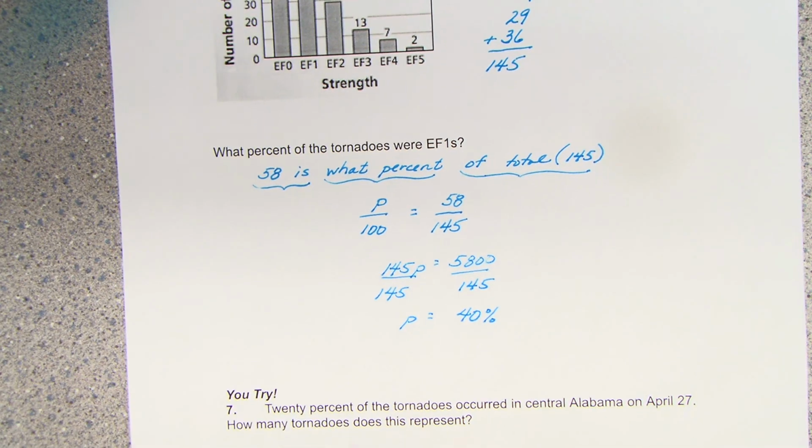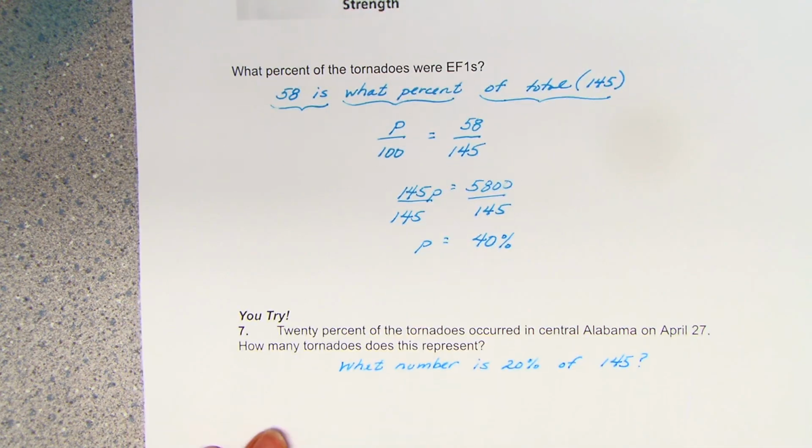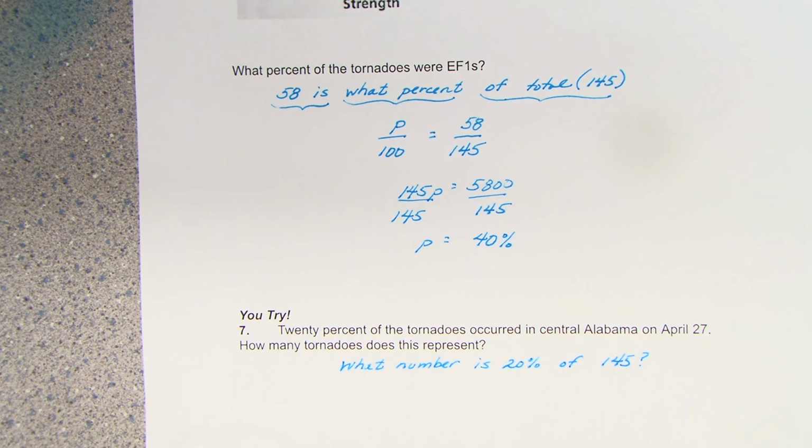So we want to know what number. So looking for a number of tornadoes, not percent of tornadoes. What number is 20% of 145? Okay. All right. That's it.